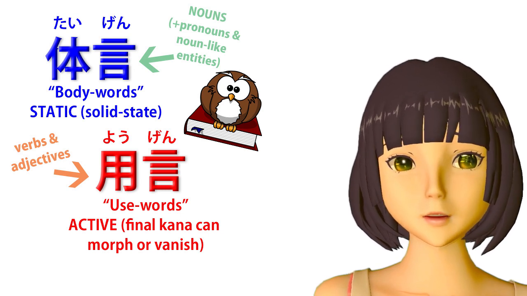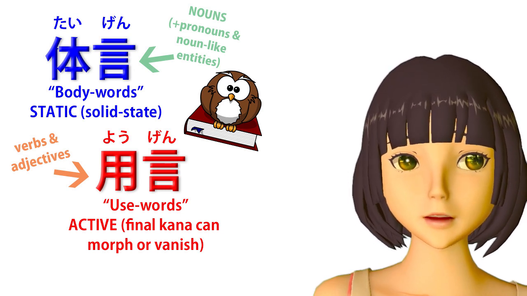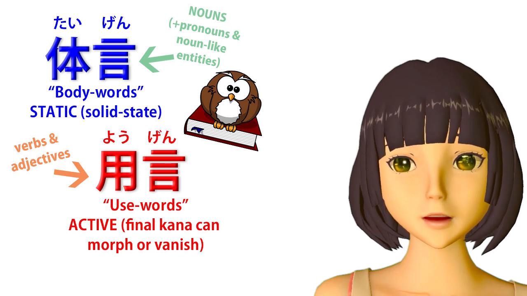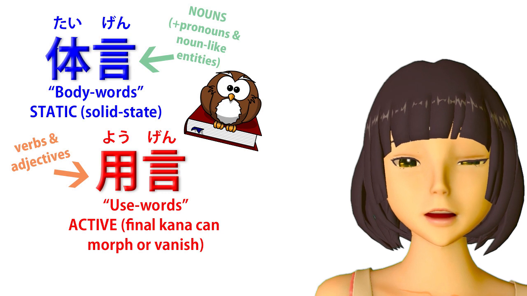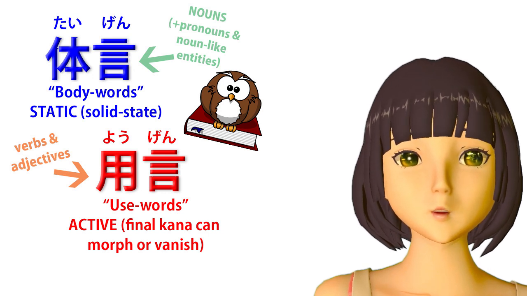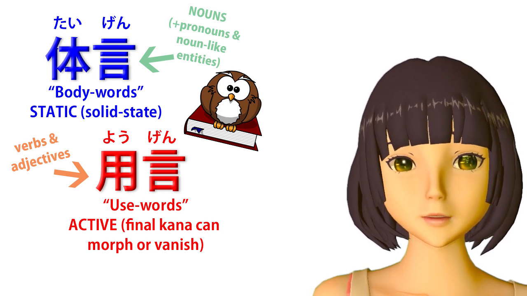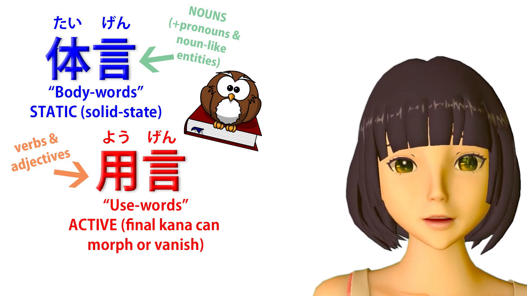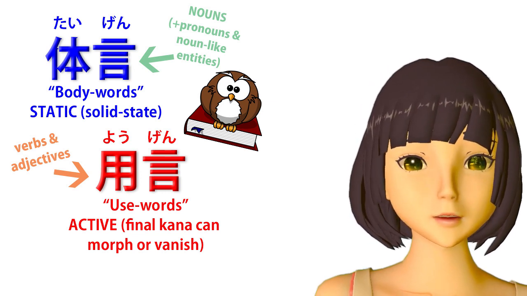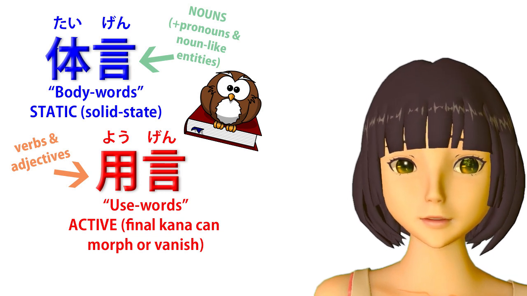And in fact, they transform in very much the same way. In both cases, the thing that transforms is always the last kana of the word. And we know that both verbs and adjectives must always end in a kana. They can't be all kanji, otherwise they'd be nouns.